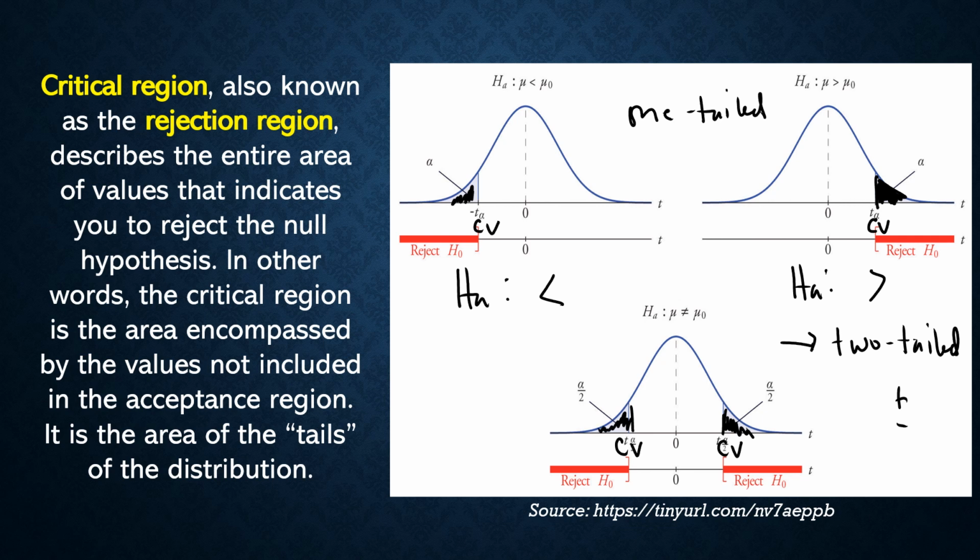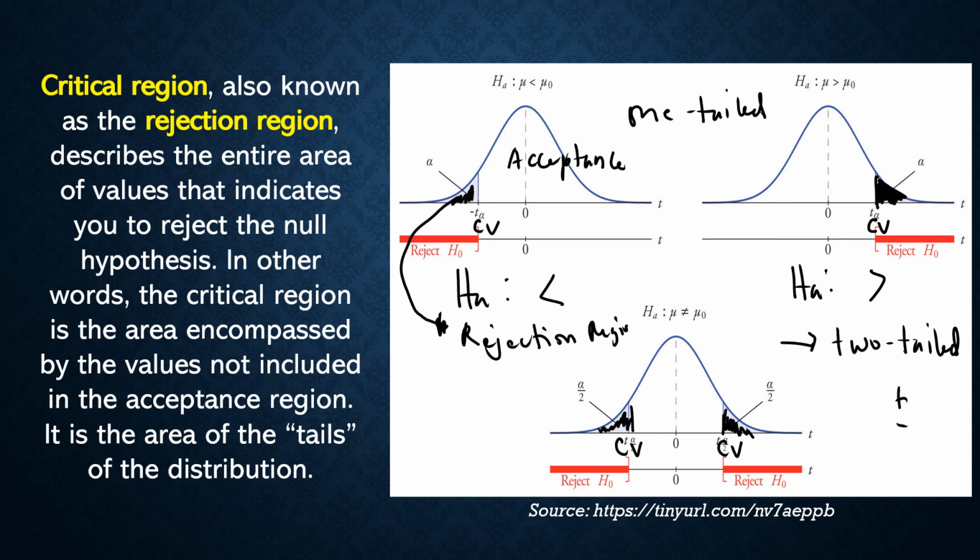Now, the question is, how are we going to know if we're going to accept or reject the null hypothesis? Just take note of this one. This unshaded part is what we call the acceptance region, while this shaded part is what we call the rejection region.